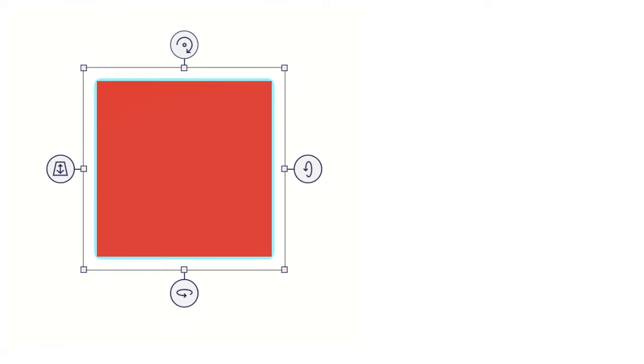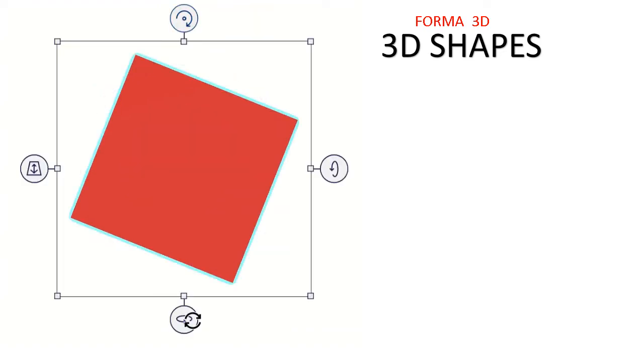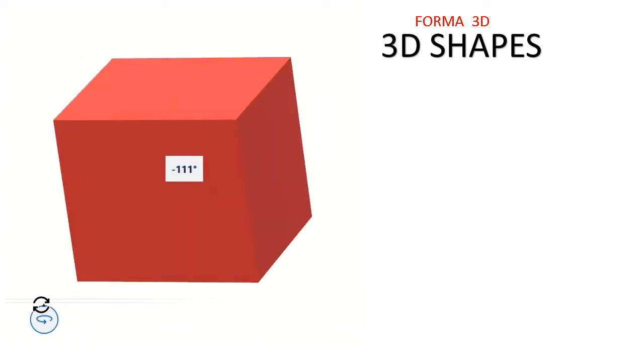What shape can you see? A square, you say? Well, it's not a square, because a square is a 2D shape. This is a 3D shape. 3D means that we can turn it around and look at different sides of the same shape.